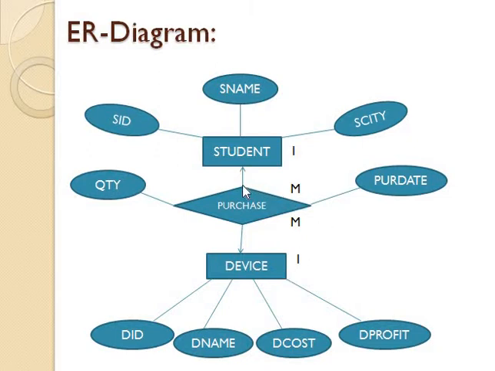Again, the relationship purchase, which is represented in the form of a diamond, also has two attributes. First one is QTY, which means the quantity of device purchased, and the next attribute is PUR date, which means the purchase date of that respective device.